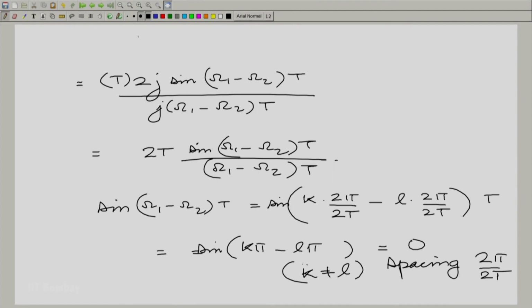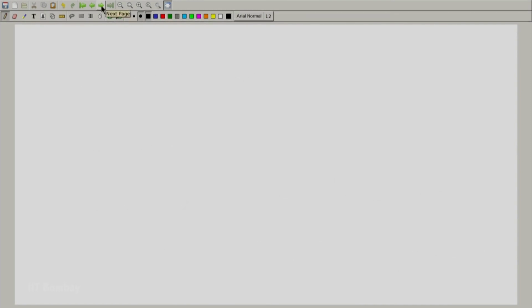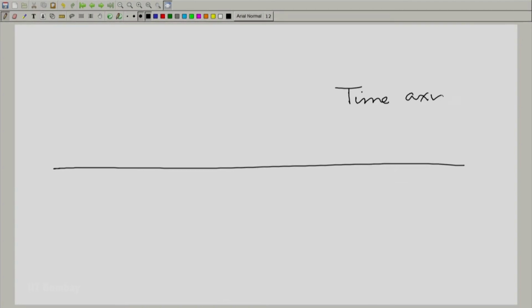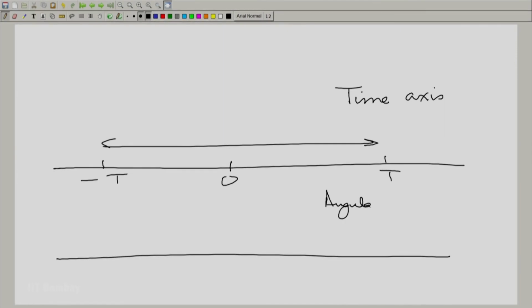So let us now look at the frequency axis. On the time axis, I took my interval to be minus T to plus T, with 0 exactly in the middle. On the frequency or angular frequency axis, let me write it explicitly, this is time t, and this is the angular frequency axis.